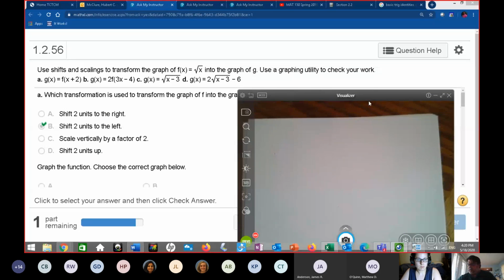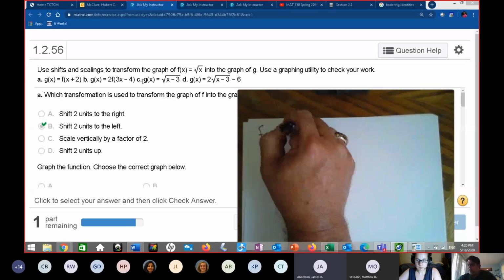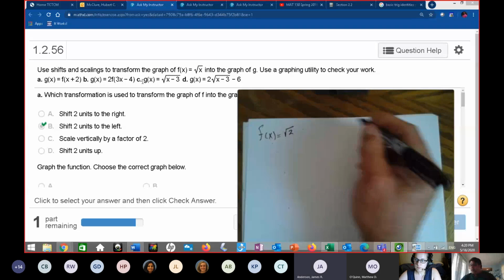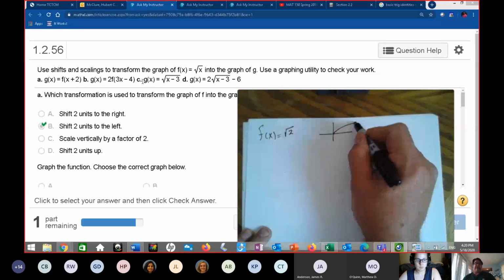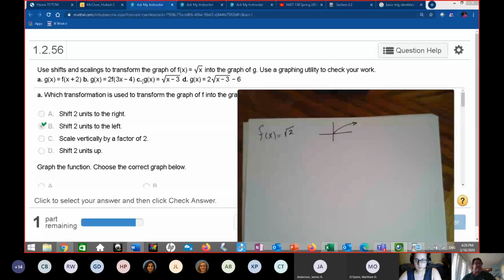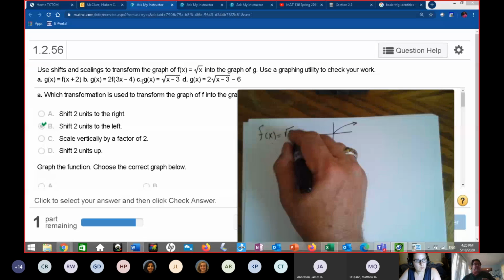So f of x is equal to the square root of x. We know family of graphs tells us that it looks like that. Okay, everybody with me? So that's what the family of graphs tell us, the square root of x. Now it says g of x is equal to f of x plus 2.